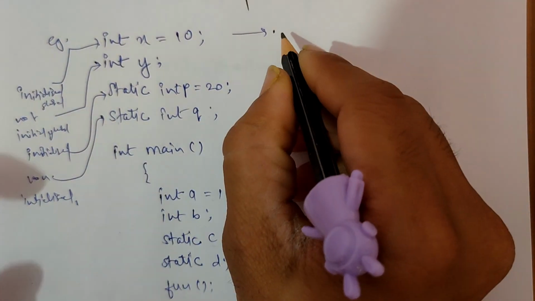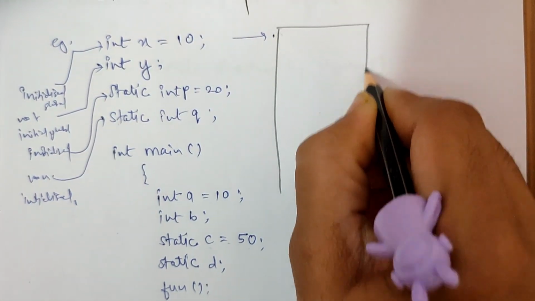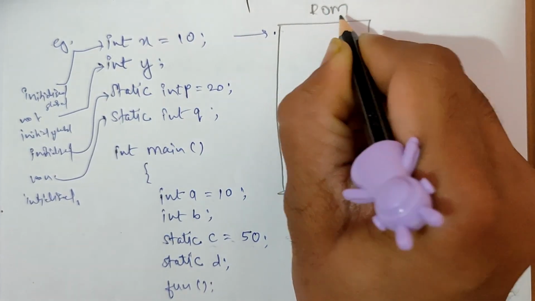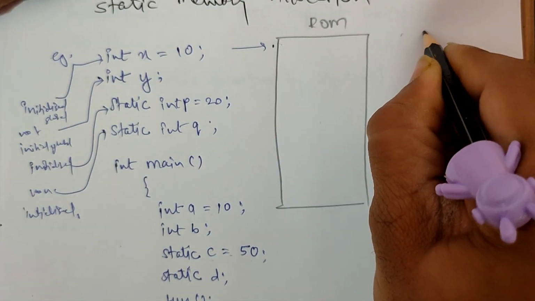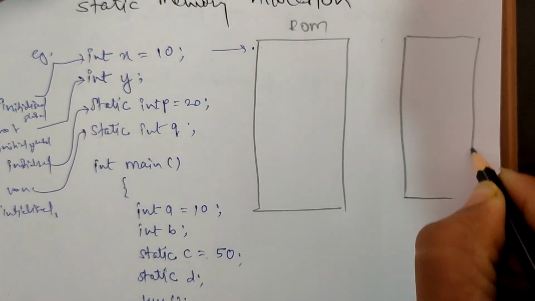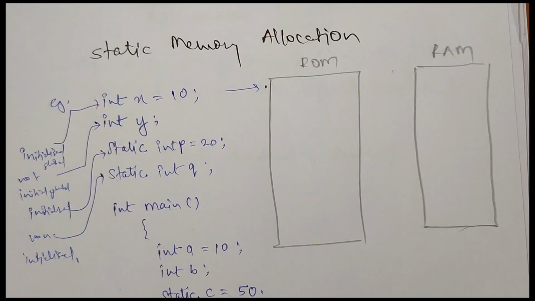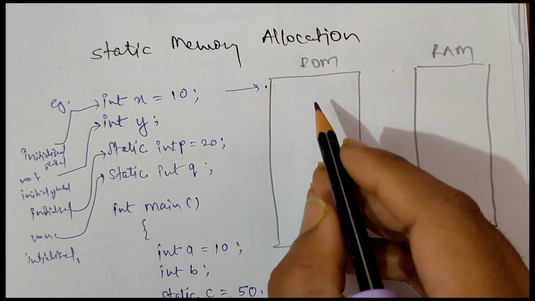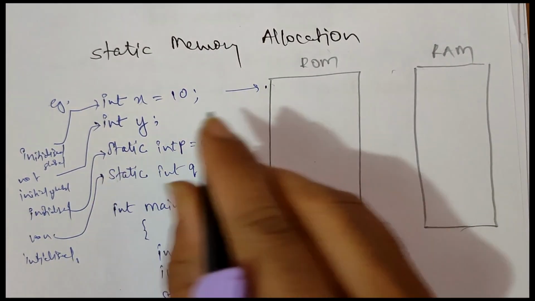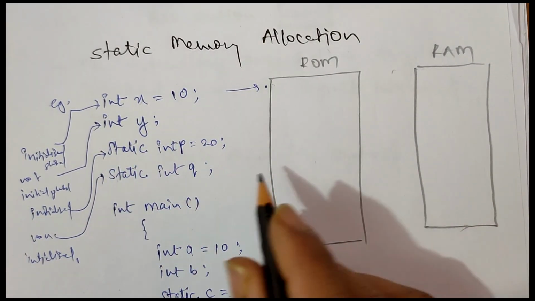So I am trying it here itself. I have drawn here ROM and RAM. Here I have code. I am placing this side by side because you will understand more clearly this way.